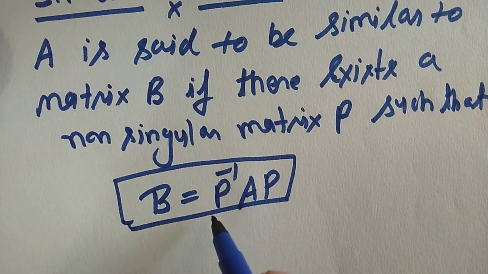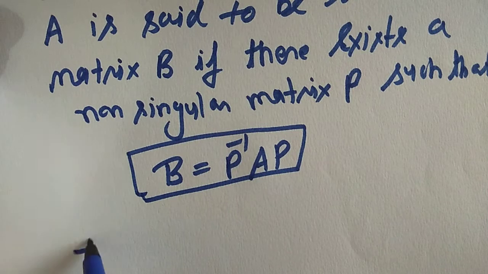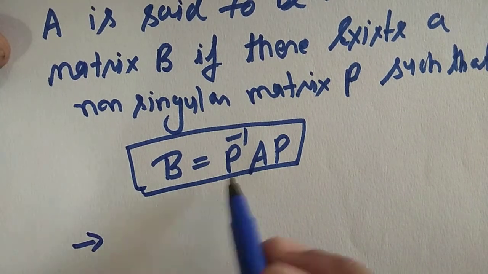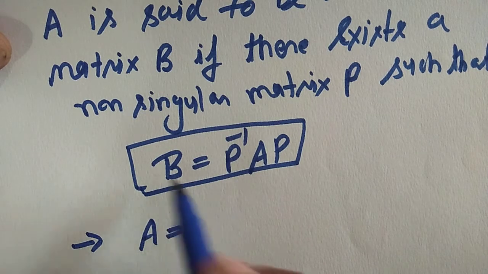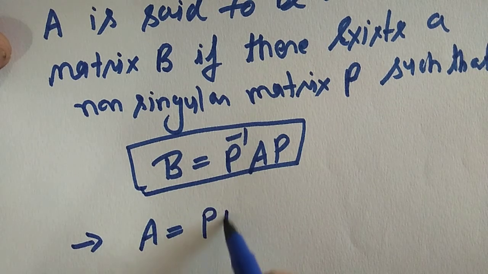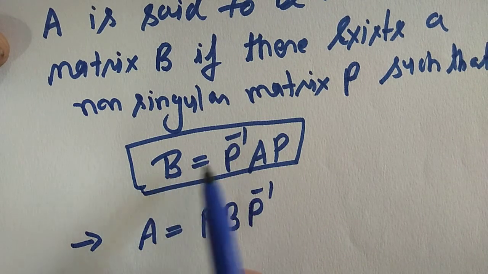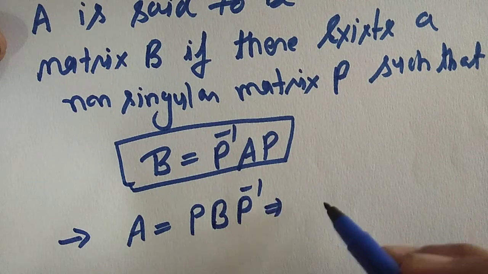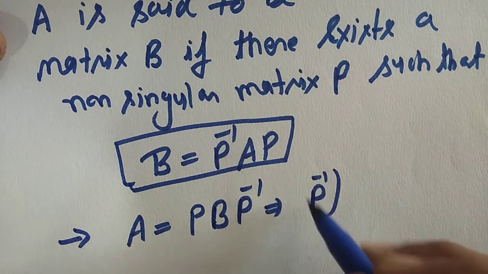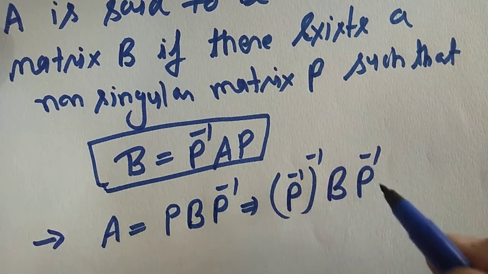P is the non-singular matrix. So when A is similar to B, then what about A? A equal to, if you multiply P here, P B P inverse. I have multiplied P and here P inverse. So this I can write as P inverse inverse B P inverse.